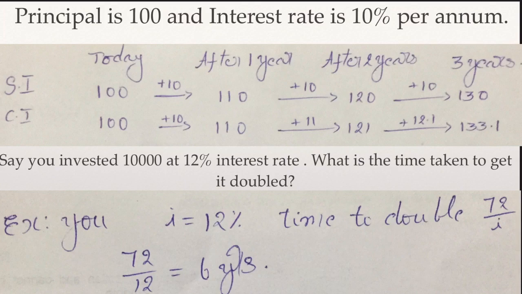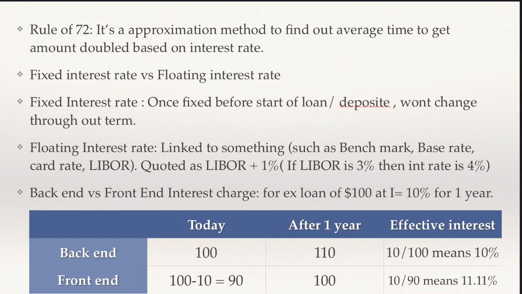How much time will it take to double the amount, that means to become 20,000? Simple, 72 by I, where I is the interest rate. Here 72 by 12 comes to 6. That means in 6 years the amount gets doubled, and that's it.